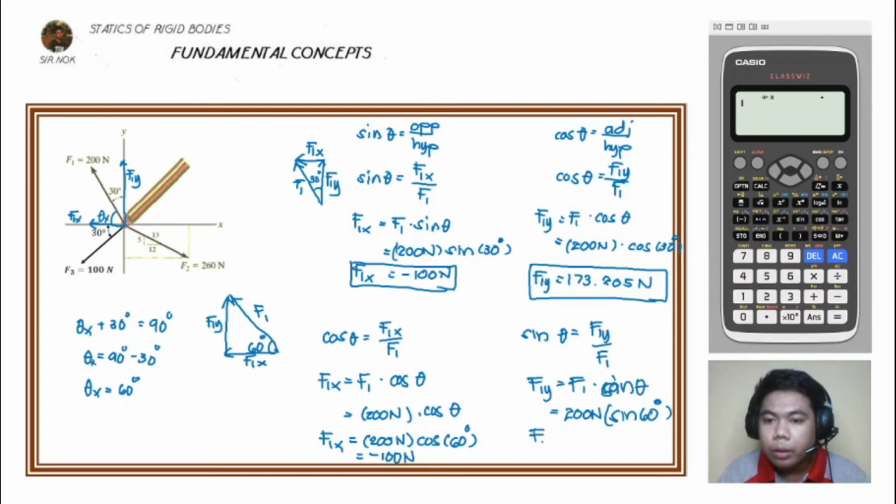So F1y is equal to 200 times sine 60 degrees, 173.205. So F1y is 173.205 Newton. Parehas lang din.